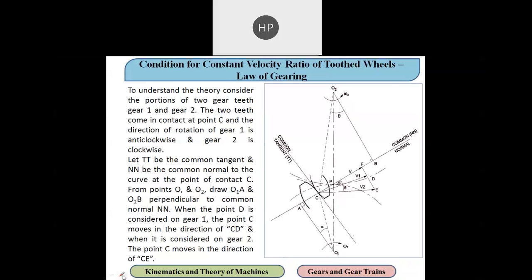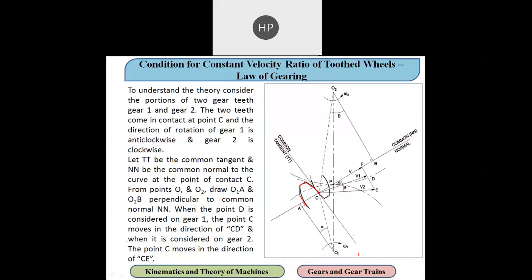In this diagram we have gear number 1, its center is O1, and this is the tooth shown over here, the tooth of gear 1.